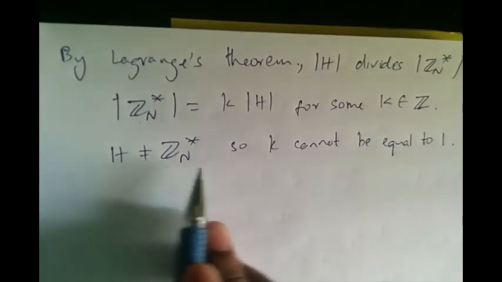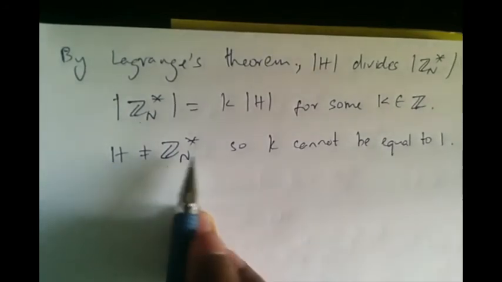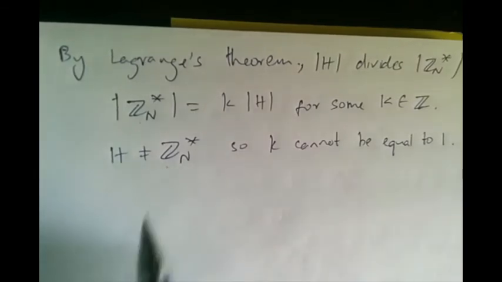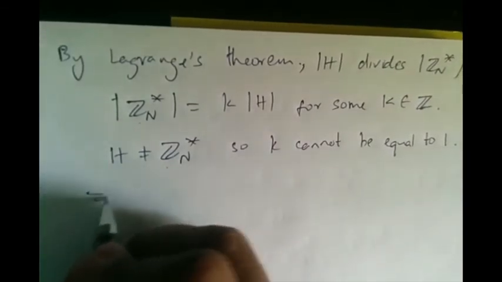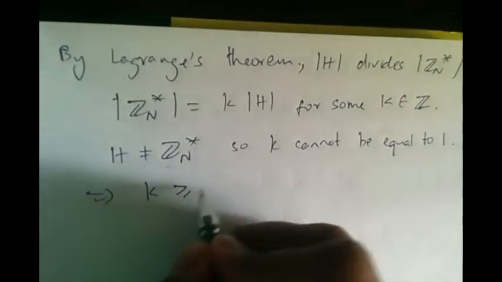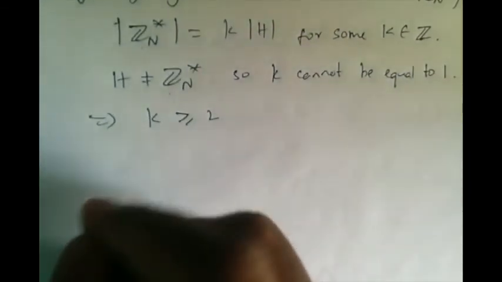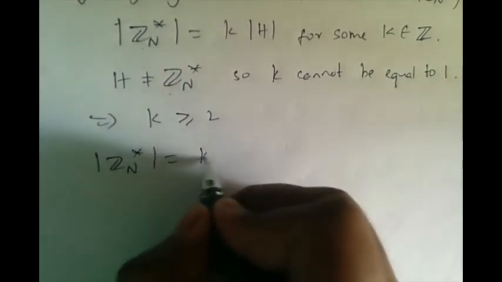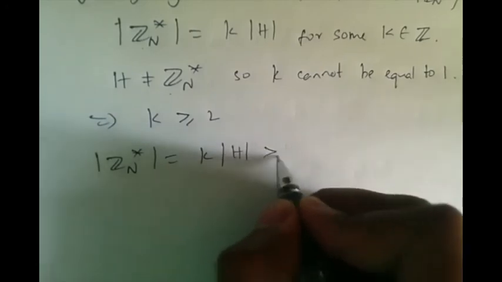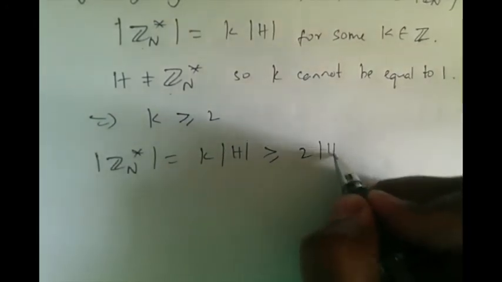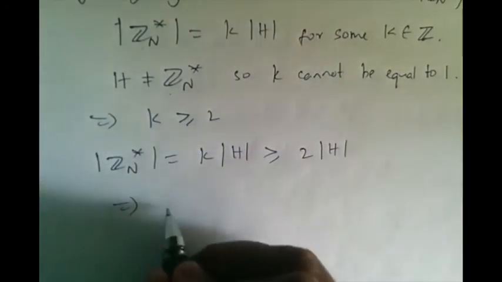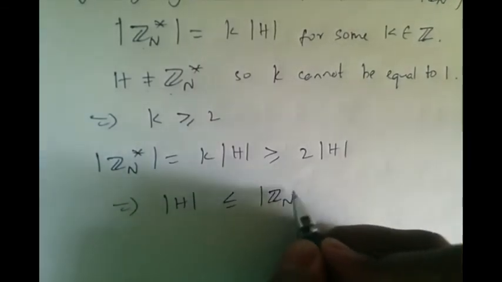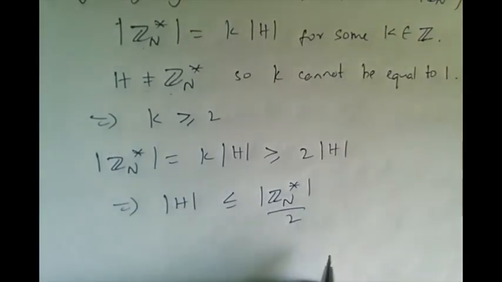H is not equal to Zn star because H is a set of non-witnesses, and we said that there exists a witness for the compositeness of n. So k should be greater than or equal to 2. So the order of Zn star, which is equal to k times the order of H, is greater than or equal to 2 times the order of H. This implies the order of H is less than or equal to the order of Zn star by 2.